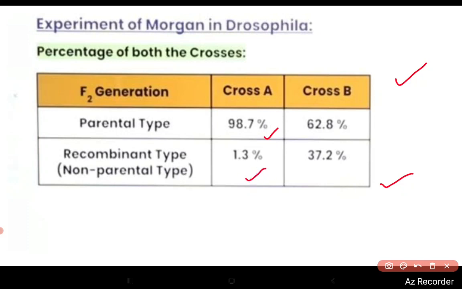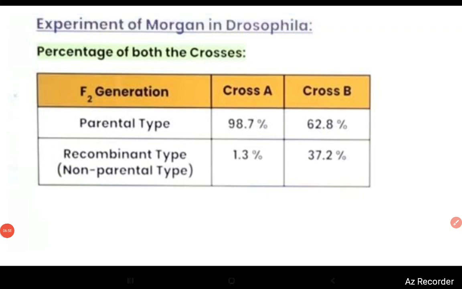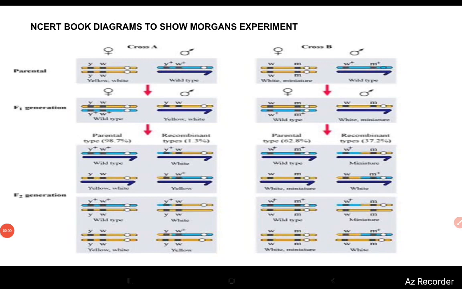In cross B, 62.8% were like parents and 37.2% were the recombinants, because recombination was more in the case of cross B. So this is a diagram from the NCERT book which shows cross A and cross B. It shows linkage and recombination.